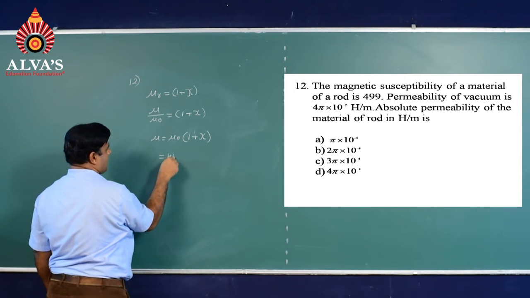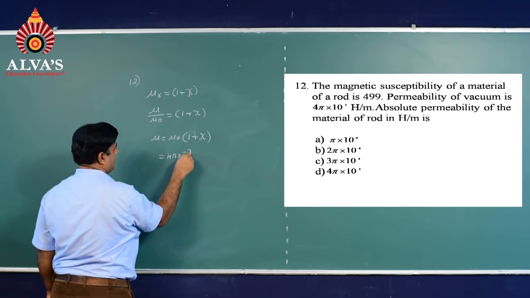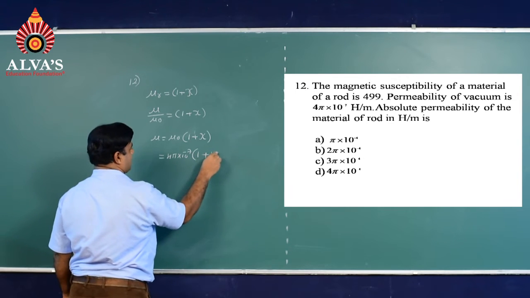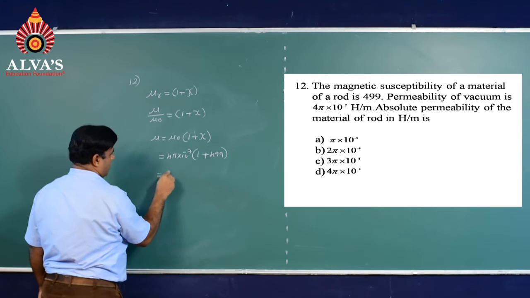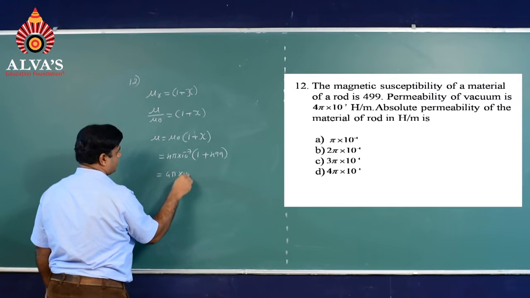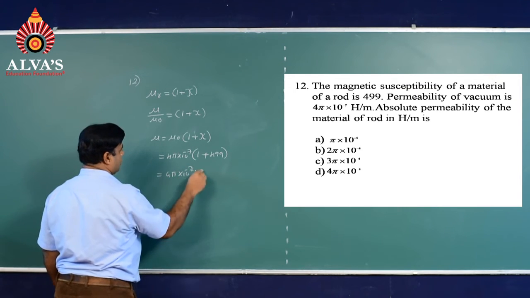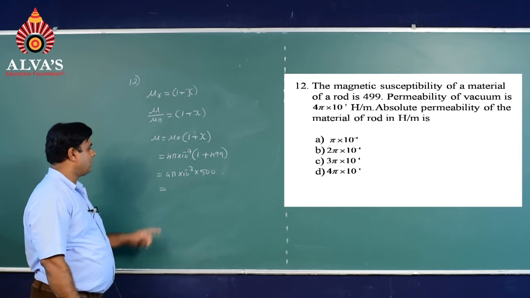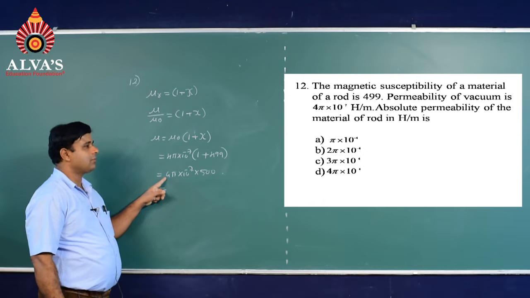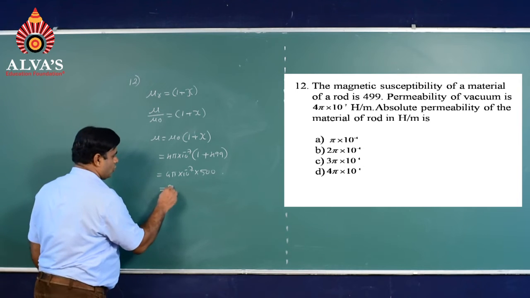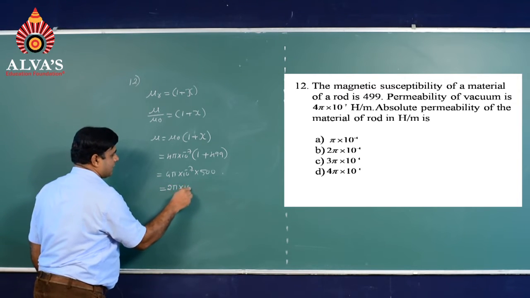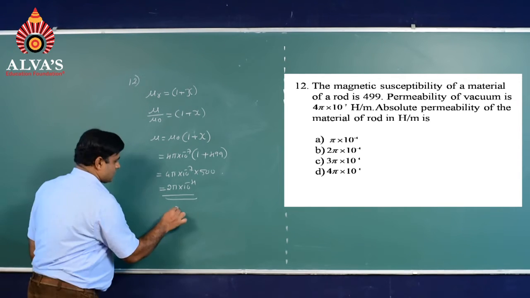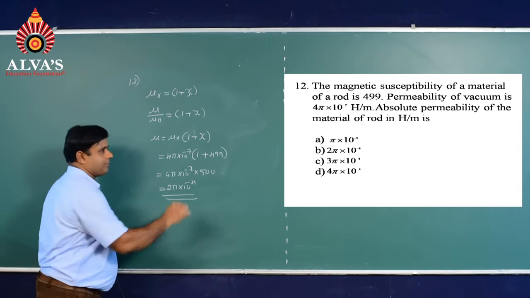Mu naught is 4 pi into 10 to the power minus 7, and 1 plus chi, given susceptibility 499, is 500. So 4 pi into 10 to the power minus 7 into 500; 500 into 4 is 2000. So, 2 pi into 10 to the power minus 4. So, the answer is B.